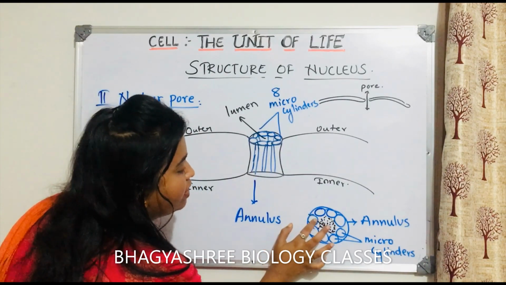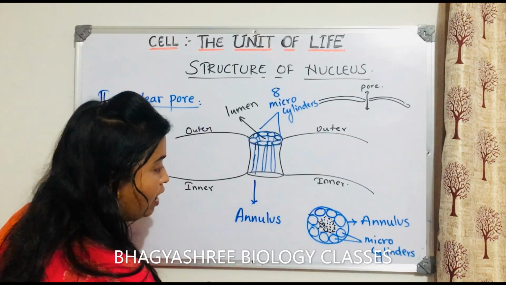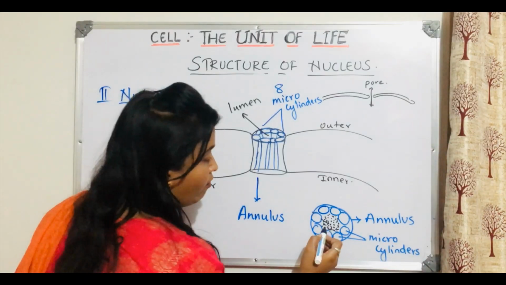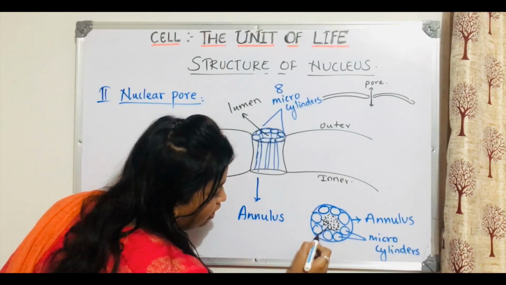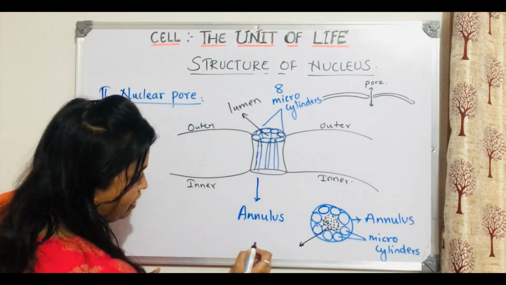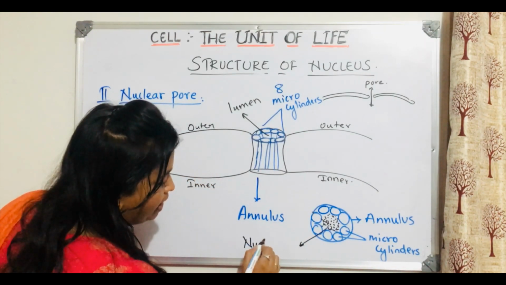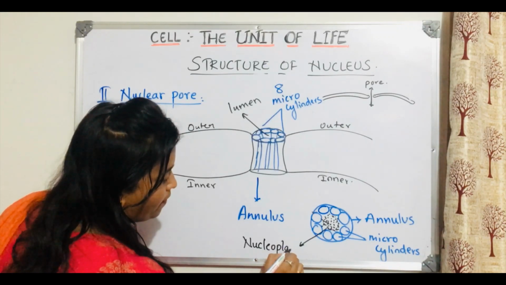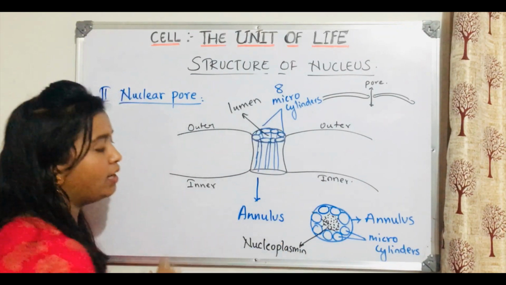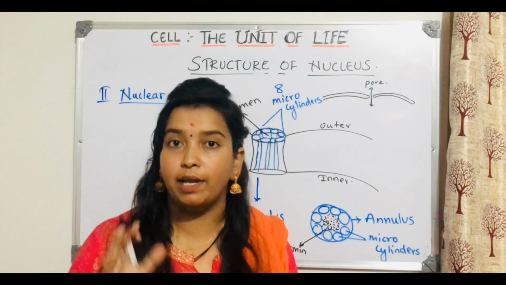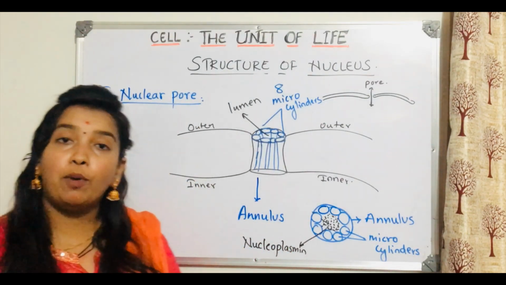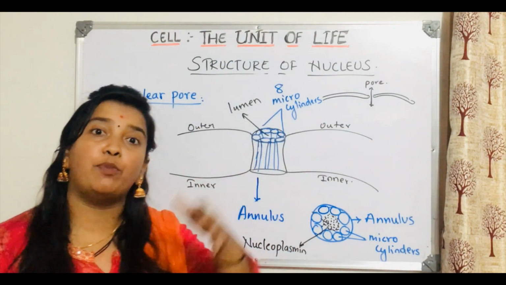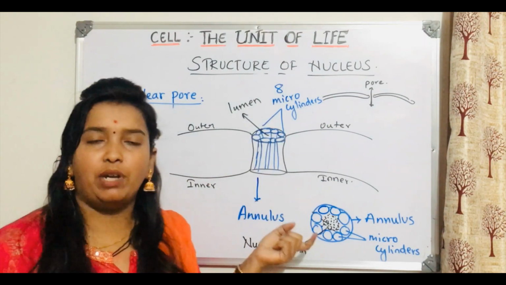Now this material which is present here, this liquid-like material, is called nucleoplasmin. What is it called? It is called nucleoplasmin. Okay, and this nucleoplasmin plays a very important role in transporting materials because it's not an empty space.